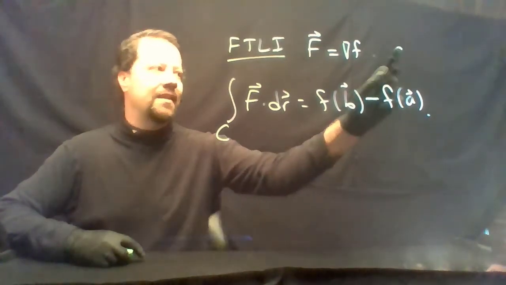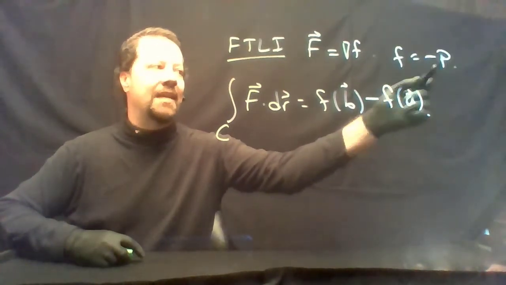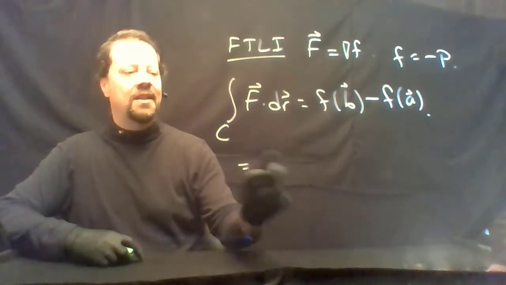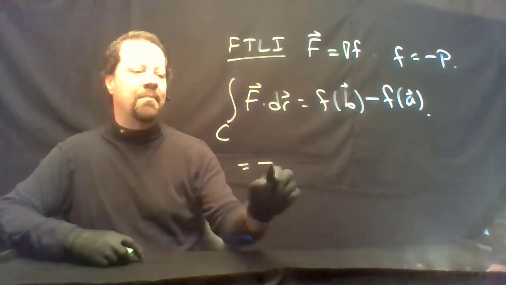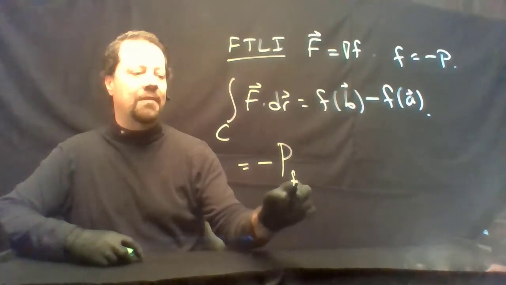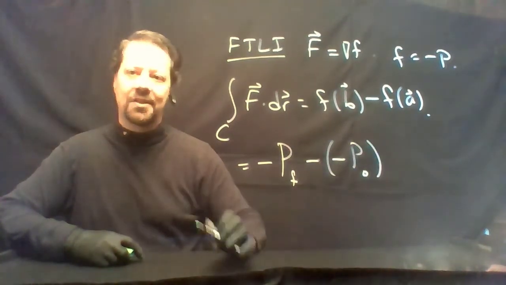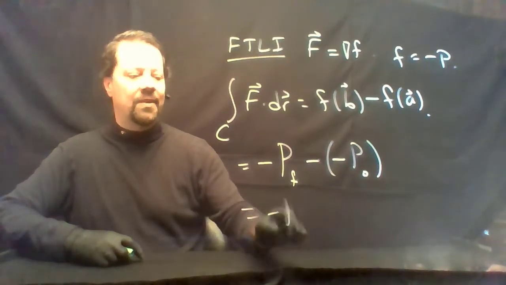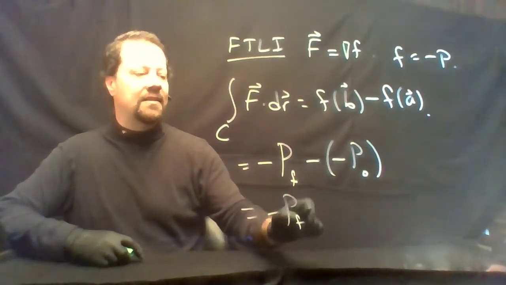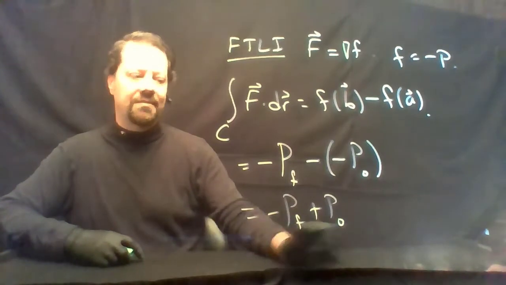But in physics, F is minus grad P, where P is the potential energy. So what we'll have here is minus the potential energy at the final point minus the potential energy at the initial point. In other words, minus potential final plus potential initial.